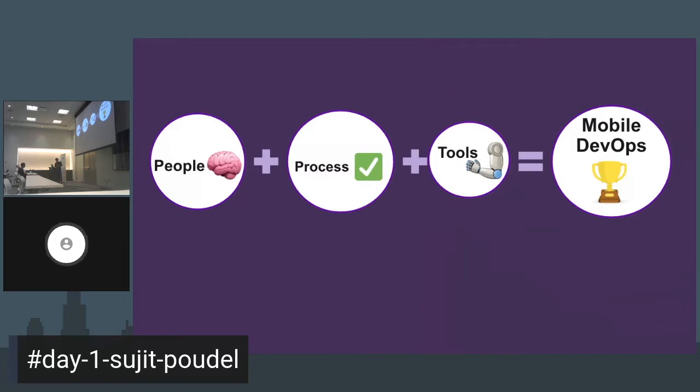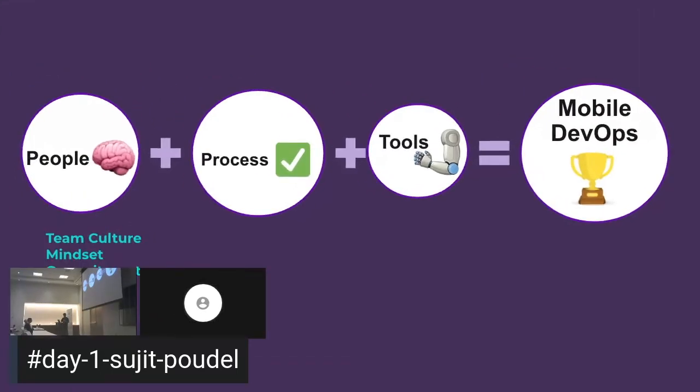And to get to the mobile DevOps ideal place, we have been looking at how we can get there. And it's a combination of a bunch of different things. Basically, people, the company itself, need to have a certain kind of culture to be able to develop that smoothness and that proper workflow to get to a certain place during your development lifecycle. You create processes around it.